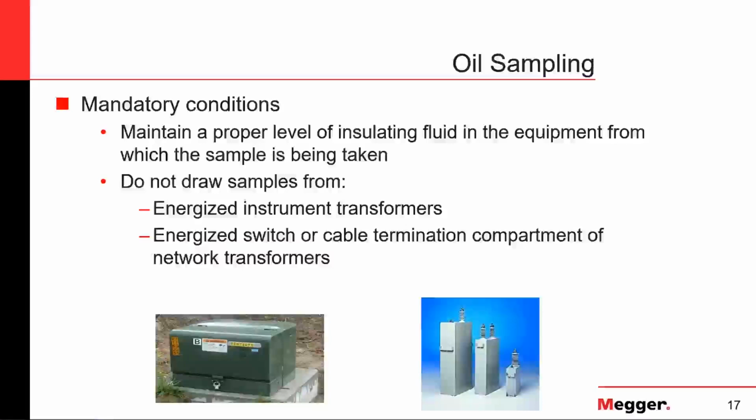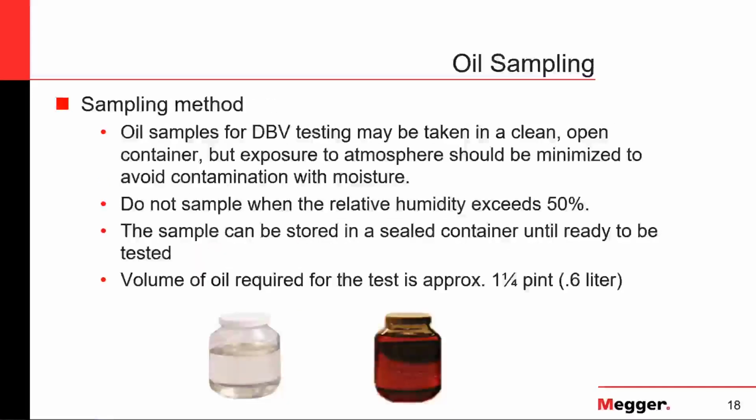As a mandatory condition as well, make sure that you check the level of insulating liquid in the equipment you are taking the sample from. Make sure, of course, that the level is above the minimum indication. And of course, if that level is right at the limit or worse, below that limit, you should not draw any oil out of that unit.